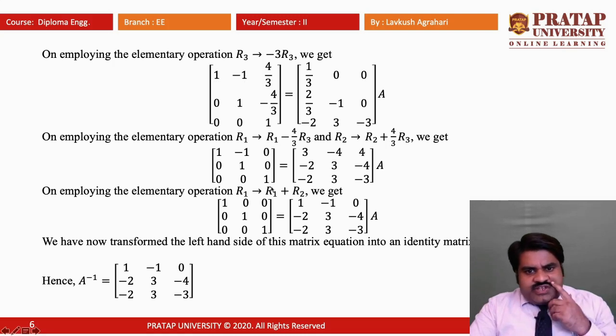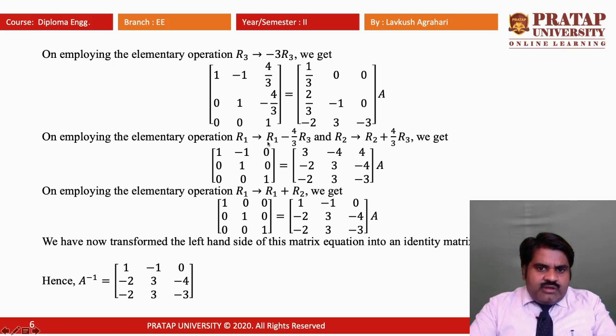So starting in the same way, we can write the operation as R1 should be replaced by R1 minus 4 by 3 R3, and R2 should be replaced by R2 plus 4 by 3 R3. On implementing this operation, we obtain the matrix lying on the left hand side.